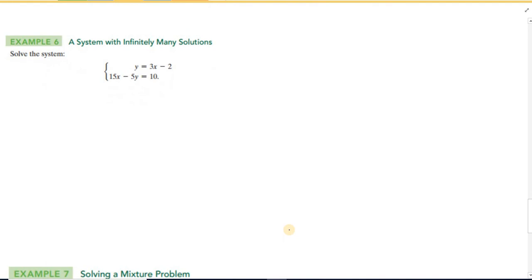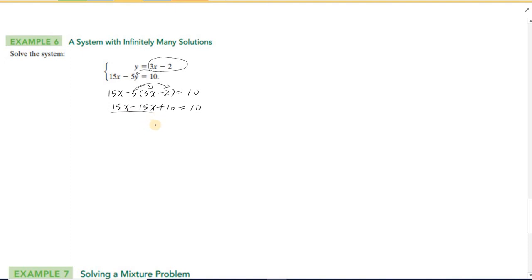Example 6, a system with infinitely many solutions. For this one, if you look at y, it's right here. The easiest way for me is to do a substitution. So I'm going to have 15x minus 5 times 3x minus 2 equal to 10. Then I'm doing a distribution. I'm going to have 15x minus 15x plus 10 equal to 10.